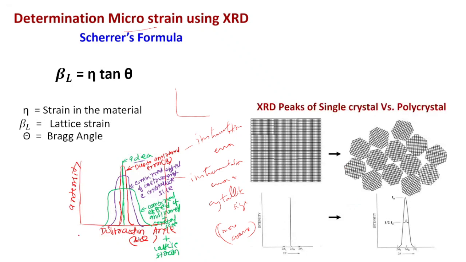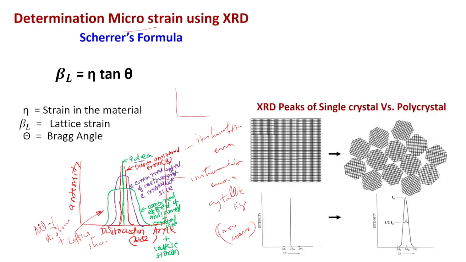And finally, if it's very broad in comparison to its previous result, then all of the above that we discussed so far, that is instrumental error plus crystallite size, plus we will have lattice strain. So, this is clear, right?